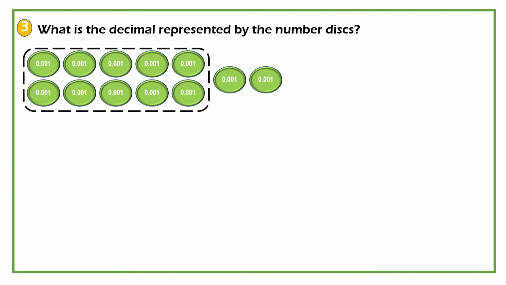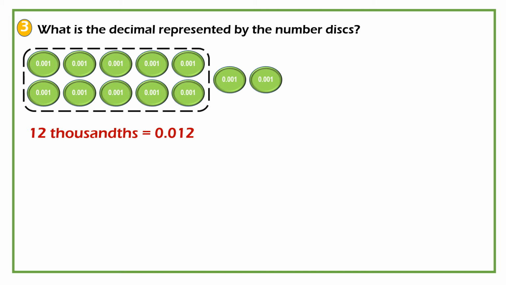Okay, now in part 3, what is the decimal represented by the number discs? You can say that we have got 12 thousandths, or this is the same as 0.012.